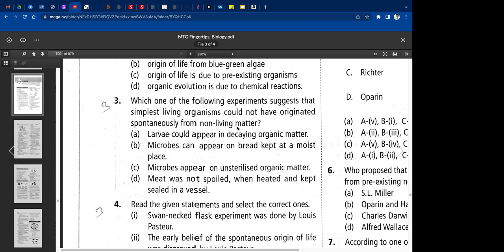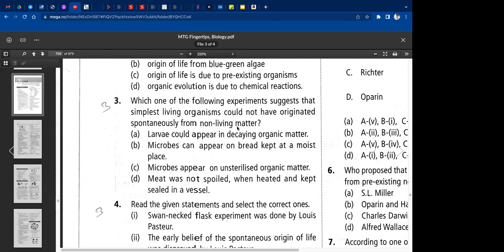A. Larvae could appear in decaying organic matter. B. Microbes can appear on bread kept at a moist place. C. Microbes appear on unsterilized organic matter. And D. Meat was not spoiled when heated and kept sealed in a vessel.